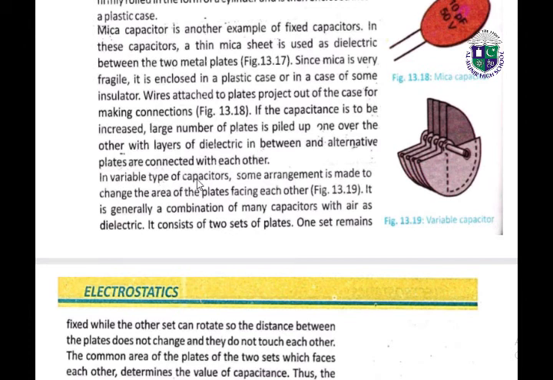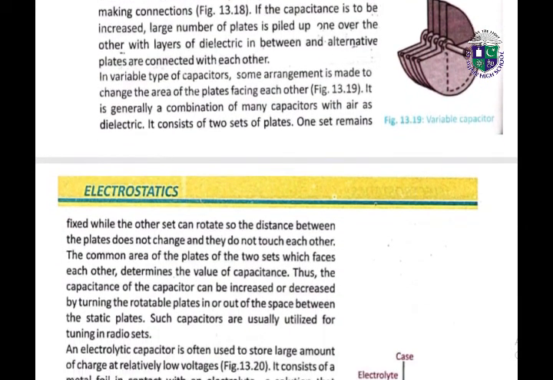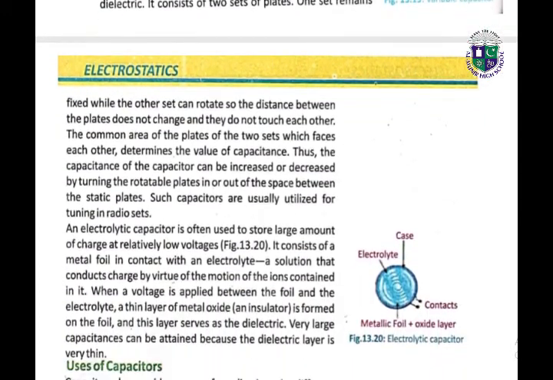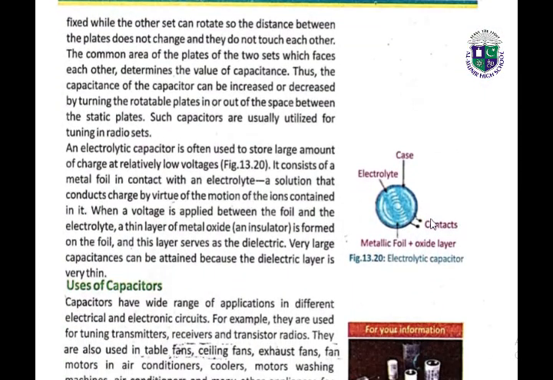Next, in variable capacitors, some arrangement is made to change the area of the plates facing each other. It is generally a combination of many capacitors with air as dielectric. It consists of two sets of plates. So here we have the variable capacitor in figure 13.19. One set remains fixed while the other set can rotate, so the distance between the plates does not change and they do not touch each other.